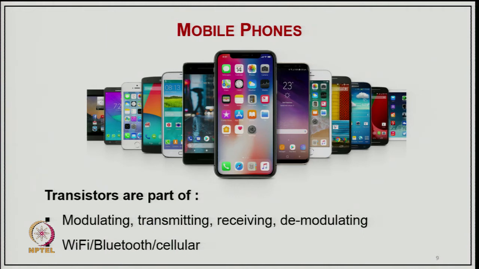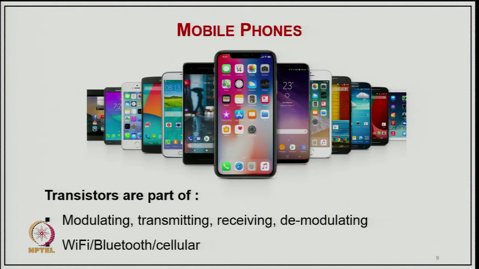The transistors are part of the modulating, transmitting, receiving and demodulating circuits, and of course Wi-Fi, Bluetooth or cellular; all of them use the transistor or BJT as the basic unit. So it is one of the major, important applications we are mentioning.